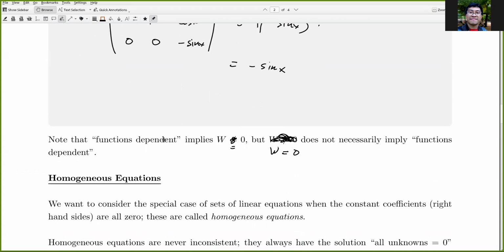So this doesn't follow conversely. When functions are dependent, it means that W equals 0. But when W is 0, it does not always mean that the functions are dependent.